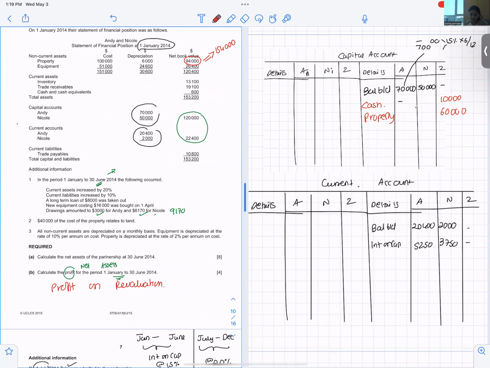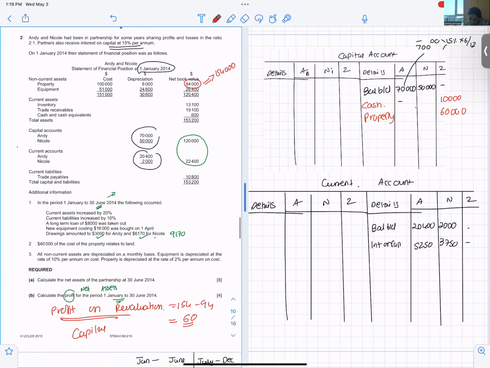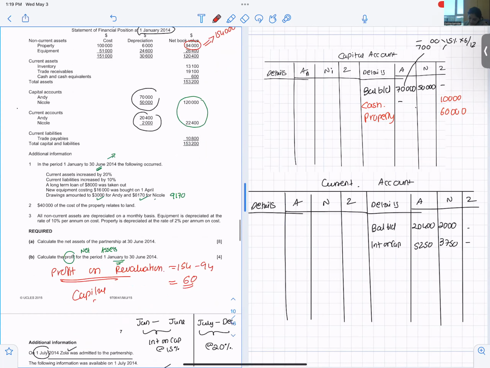How much is the profit on revaluation? 154 minus 94, which is 60,000. This profit on revaluation will be going to partners' capital account. In what ratio? In their old ratio, 2:1. So Andy and Nicole will share the profit on revaluation in the ratio of 2/3 and 1/3.